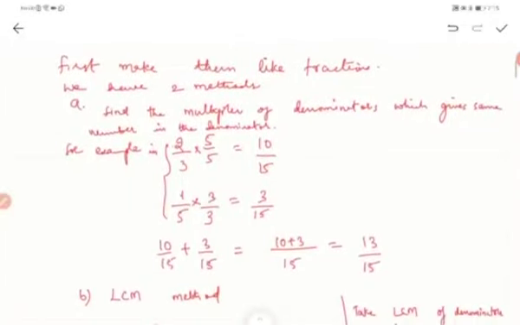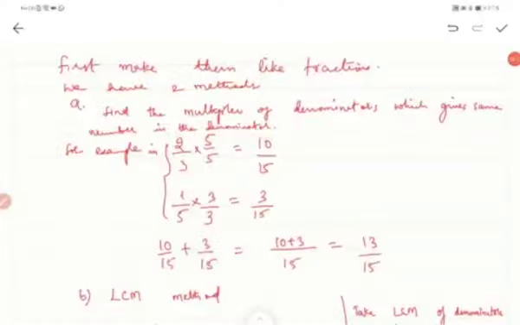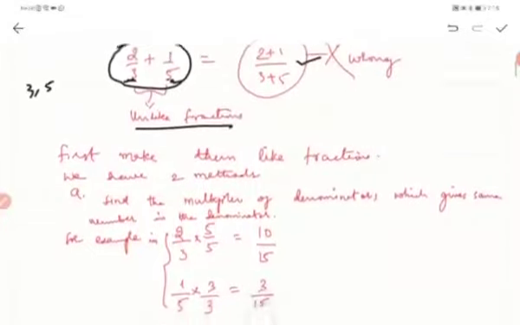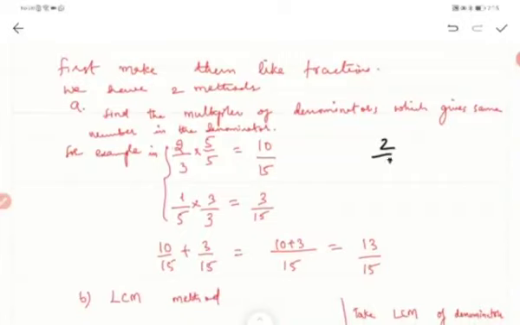Already you have done this, so we are going a bit faster. Okay, so I'll stop here after showing these methods. So you have the example, we took 2 by 3 and 1 by 5, isn't it? So we are converting 2 by 3 and 1 by 5 into like fractions and then adding them.